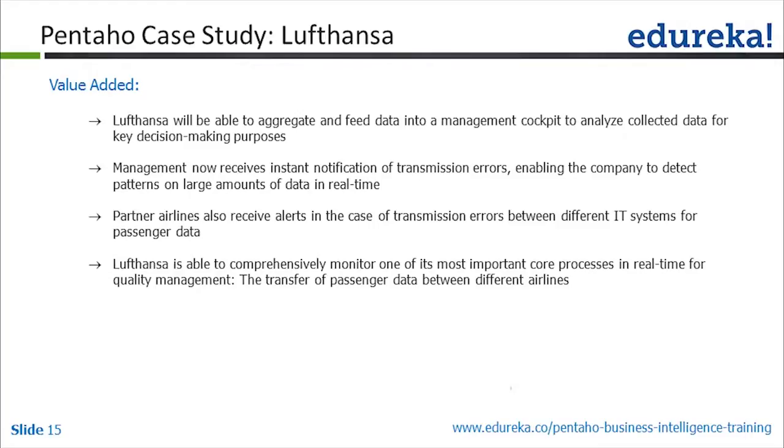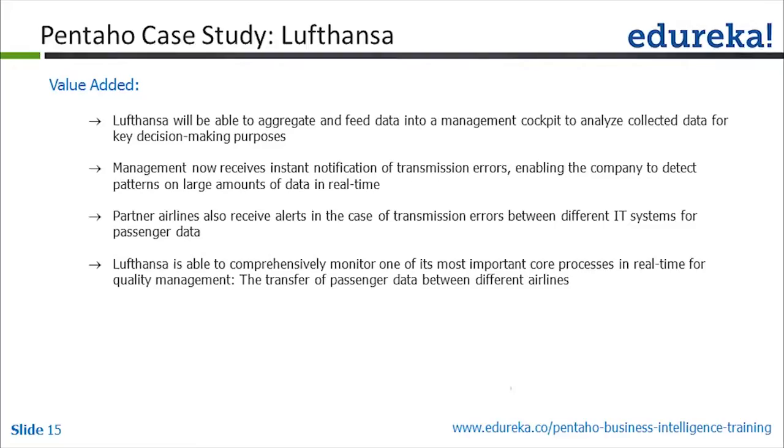Now, partner airlines also receive alerts in case of transmission errors between different IT systems for passenger data, as it was implemented for the inter-airline solution. So the partner airlines can also get the same alerts and errors, so that they can work around them.